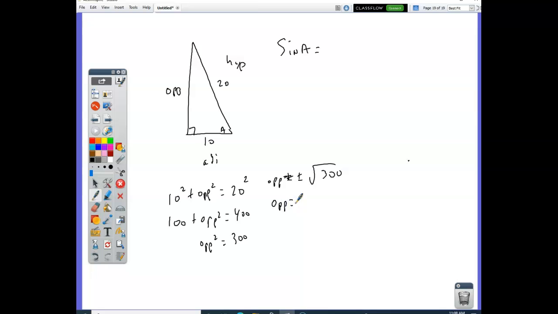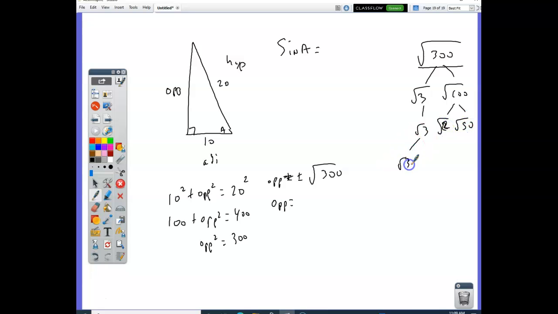Square root of 300. Can I simplify that? Give me two numbers that multiply to give 300. 3 times 100. Square root of 3 times the square root of 100. Let's just keep going. Give me two things that multiply to give 100. 2 and 50. It's a little rough, but we'll do it.